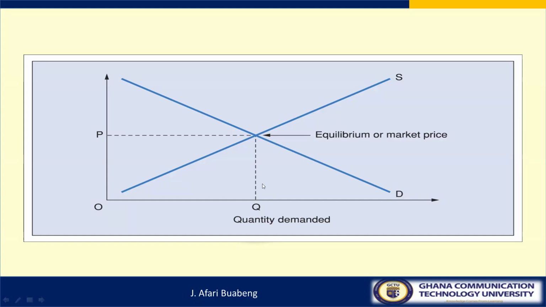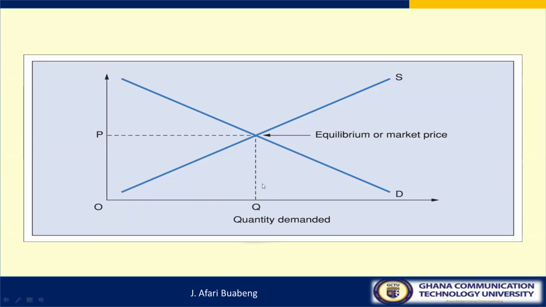So in the long run, there will be what we term as a black market. Suppliers will not supply all their items, so if you need the items, you need to go behind the market and do business behind the normal market. So instead of paying 20 cedis, assuming the equilibrium price was 20 cedis, and then the price decreased from 20 cedis to 15 cedis, because suppliers are not interested, they will reduce the quantities they want to supply.